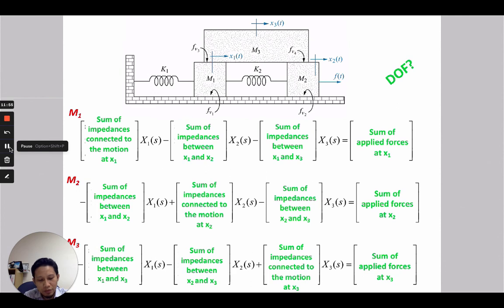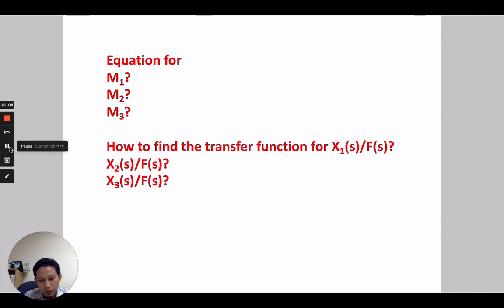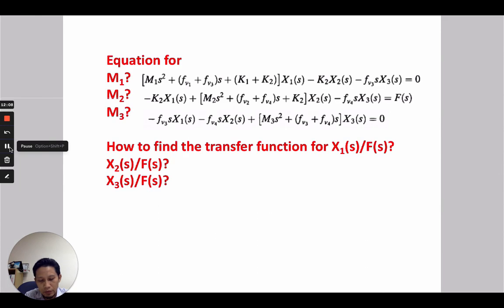X1, X2, and X3, and also you can consider the sum of forces that apply at X1, X2, and X3. So I give you the equation for M1, M2, M3.